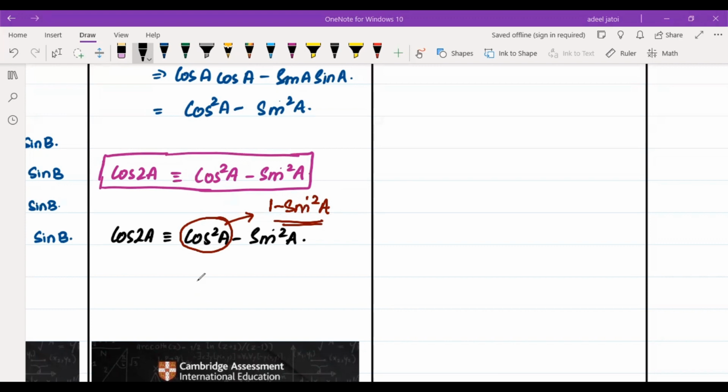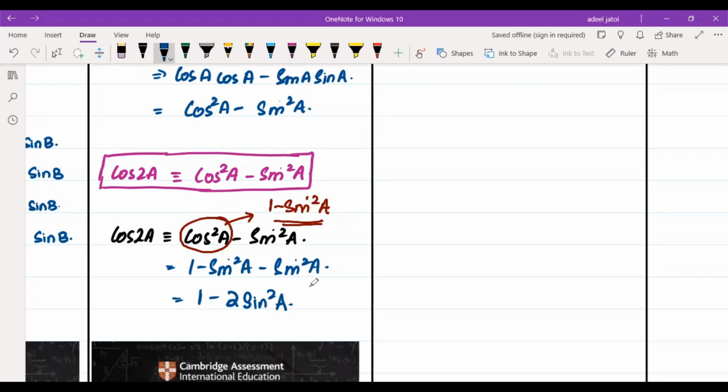So if we substitute cos square A with 1 minus sine square A, then minus sine square A is already there. So we write down this thing as 1 minus 2 sine square A.